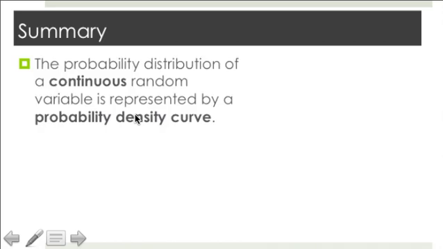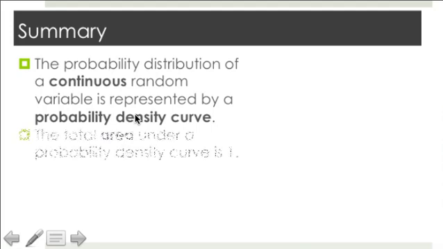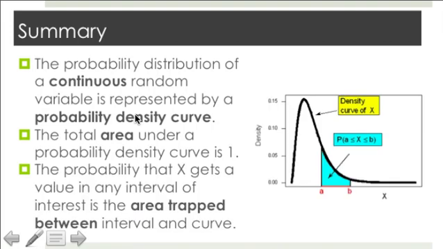So let's take a look at a quick summary of what we've talked about today. Number one, the probability distribution of a continuous random variable is going to be represented by a probability density curve. Second, the total area under a probability density curve is always equal to 1, corresponding to covering 100% of your possible values for your variable. And third, the probability that x gets a value in any interval of interest is the area trapped between the interval and the curve.